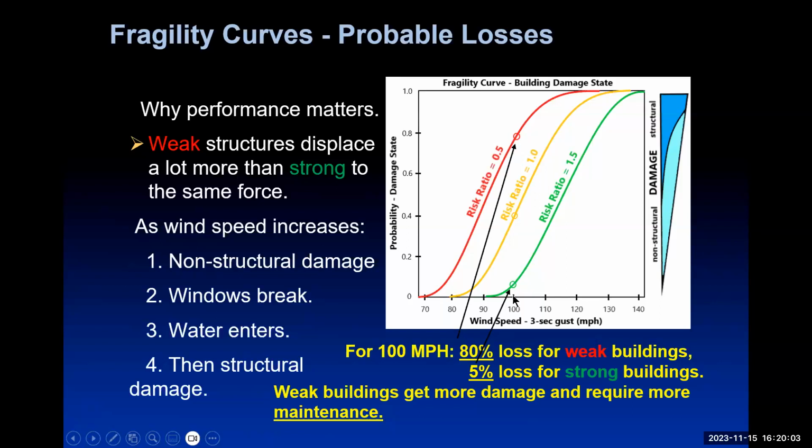We actually find that for this wind speed, we've actually got an 80% loss for weak buildings. So the damage level is high. We come down to a risk ratio of 1, just met code, and it'll be a 5% loss. And then for a very strong building, then we get almost nothing.